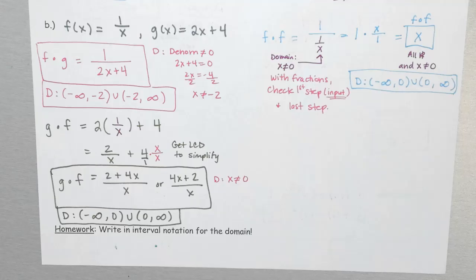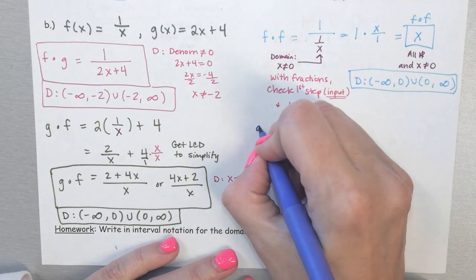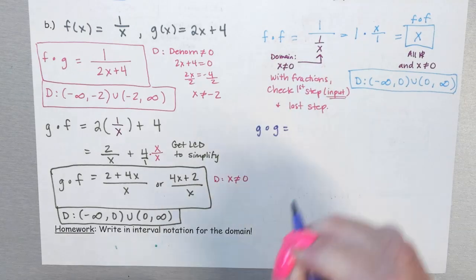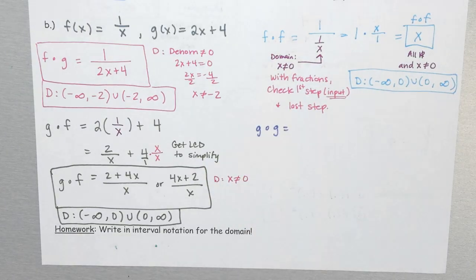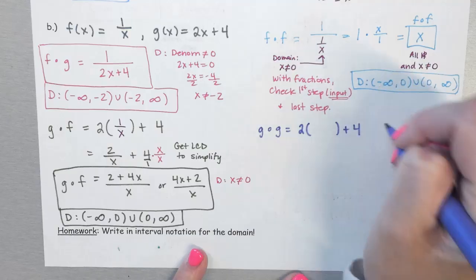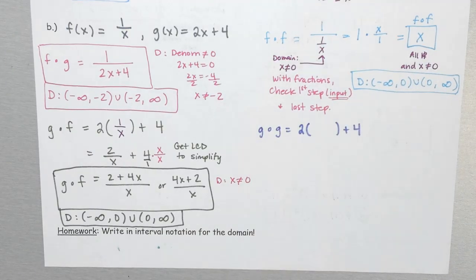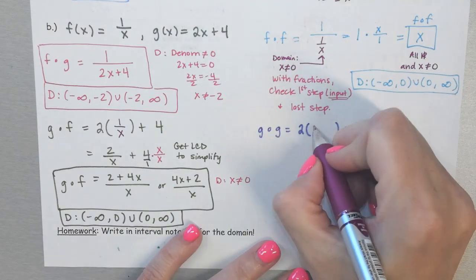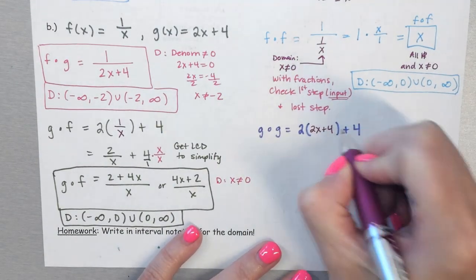Okay, and then the last thing is we are going to do the g of g. So we're plugging g into g. One thing I find helpful is instead of writing 2x plus 4, I usually write parentheses, and then I will go back and put in the 2x plus 4.